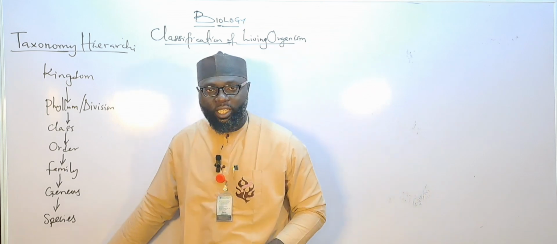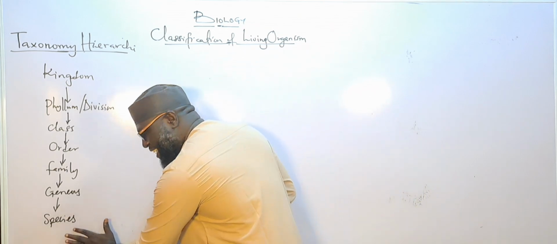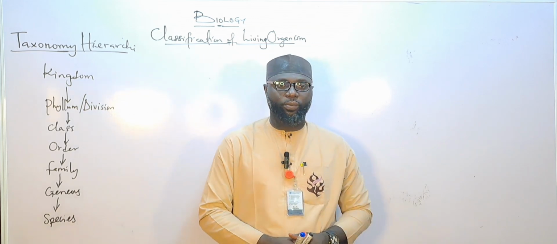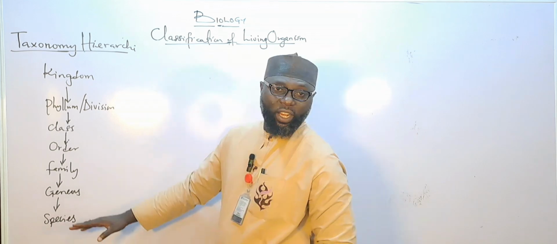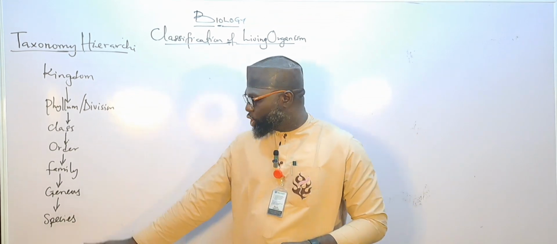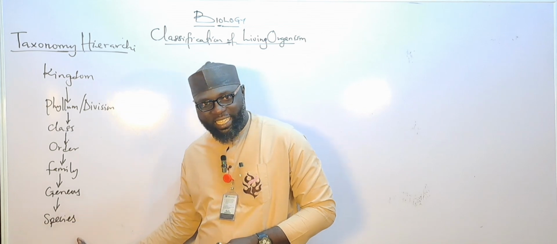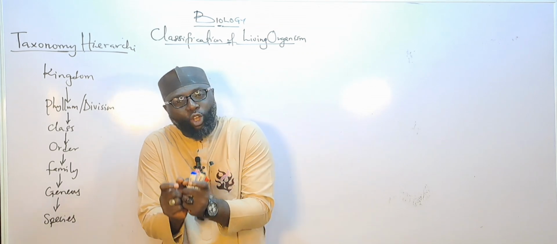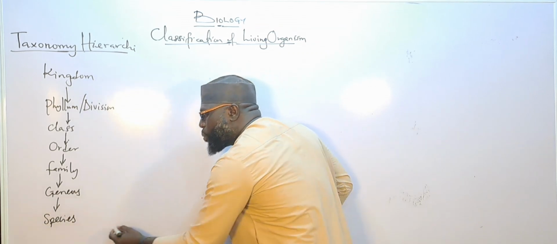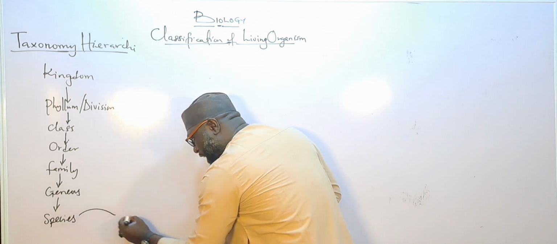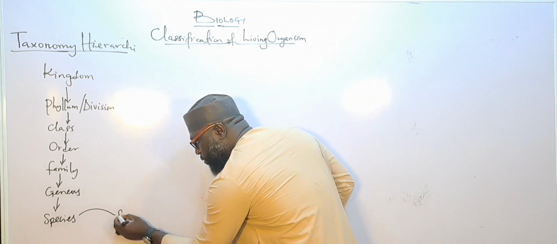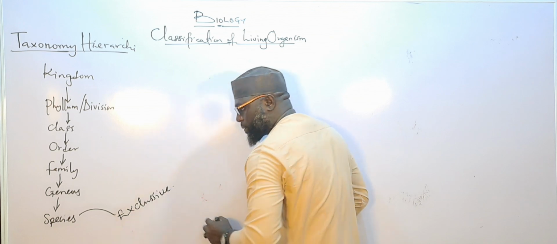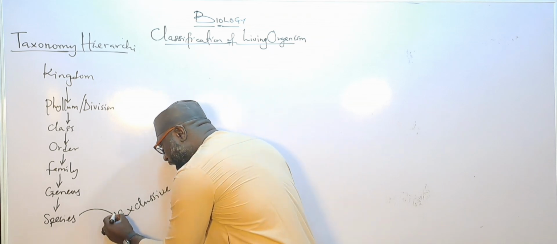Then what is species? Species is the basic unit of classification. So species is the smallest unit of classification, and is also the most exclusive.